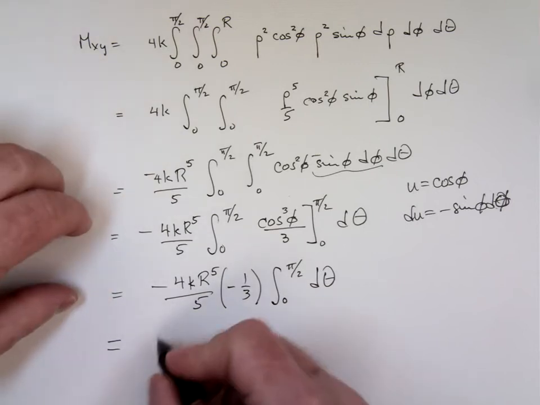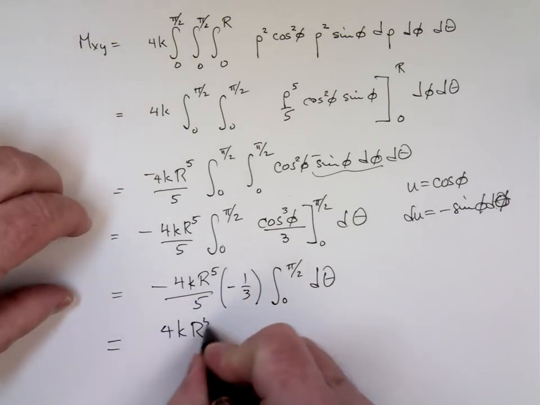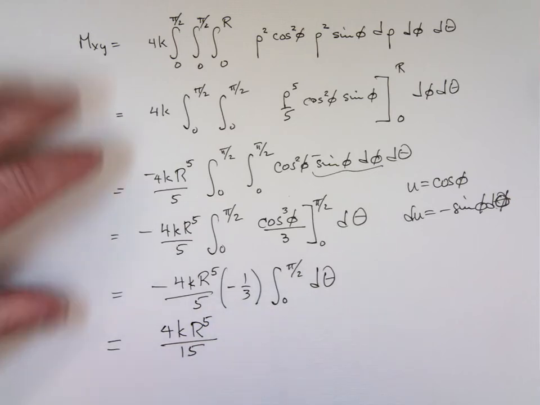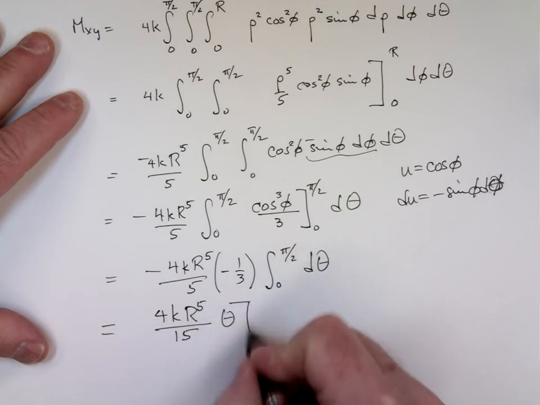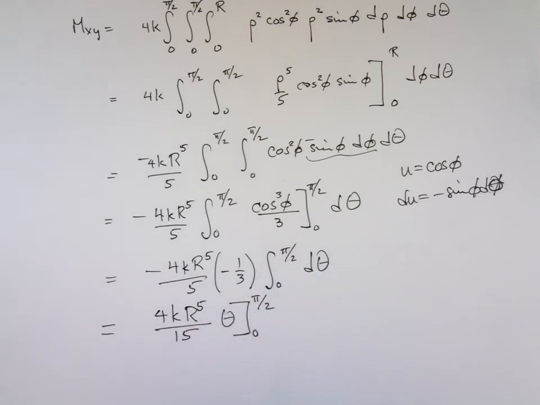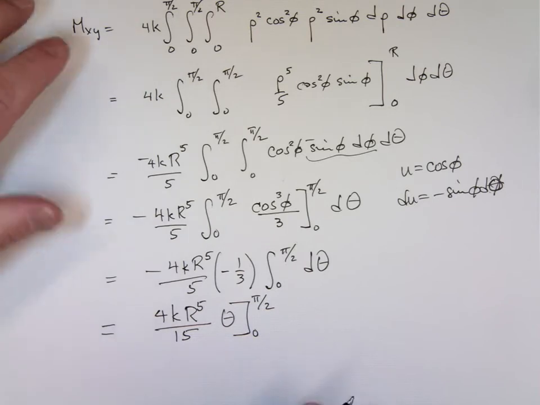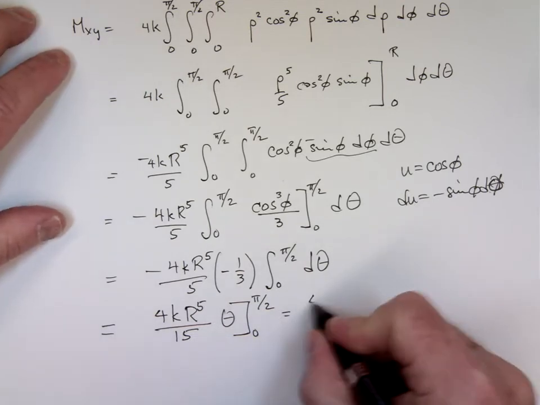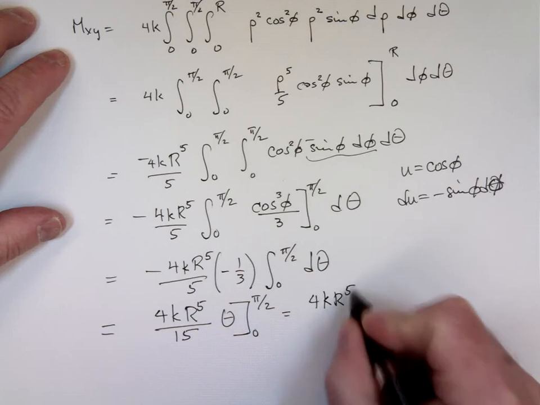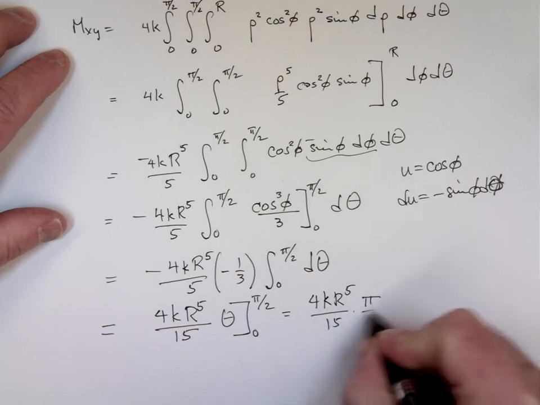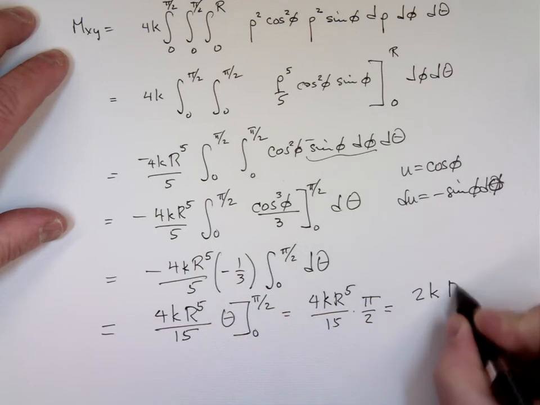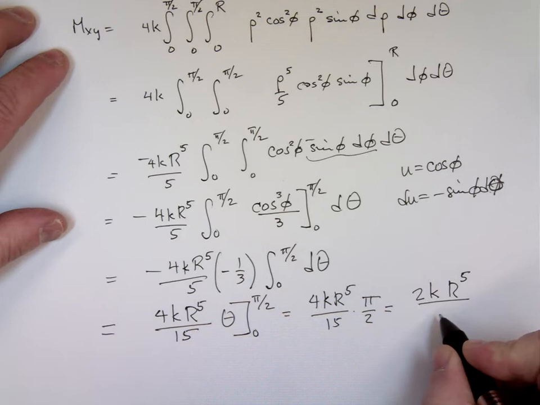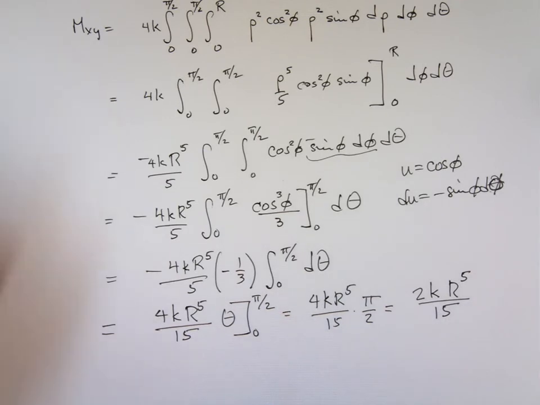So we have 4k R to the 5th over 15. The integral of d theta is theta, from 0 to pi over 2. Wow, this problem is so cool looking. That's equal to 4k R to the 5th over 15 times pi over 2, which is 2k pi R to the 5th over 15. That's the moment this hemisphere generates about the xy plane.